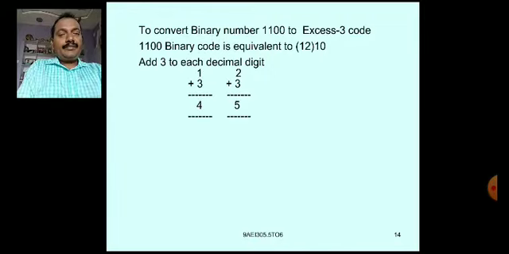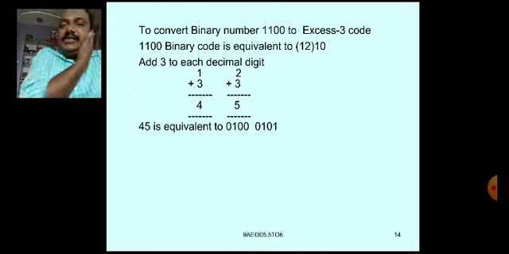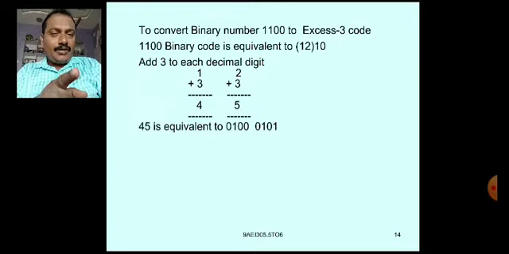Like this. For each digit of 12, you add 3 and you get 45. For this 45 you have to write the equivalent BCD code, not binary, BCD code. Each digit you have to take, that is 4, and what is the equivalent BCD value? 0100.